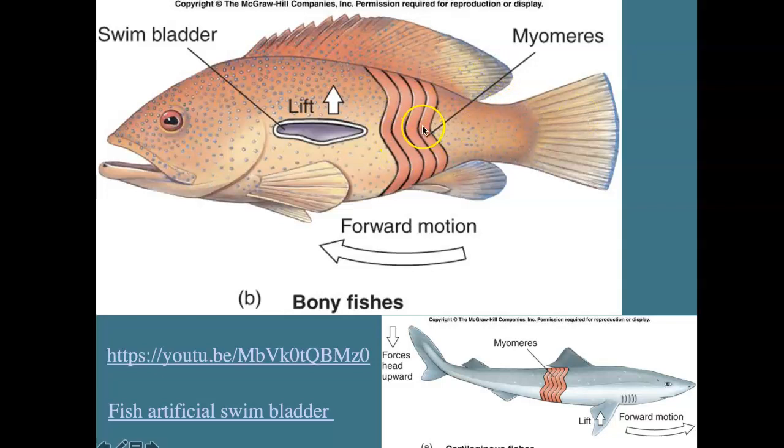And this is primarily what we're going for when we eat fish. We want this muscle tissue, right? If we are eating fish. Anyway, just to give you an idea of how they're going to use that caudal fin. We'll talk more about that.